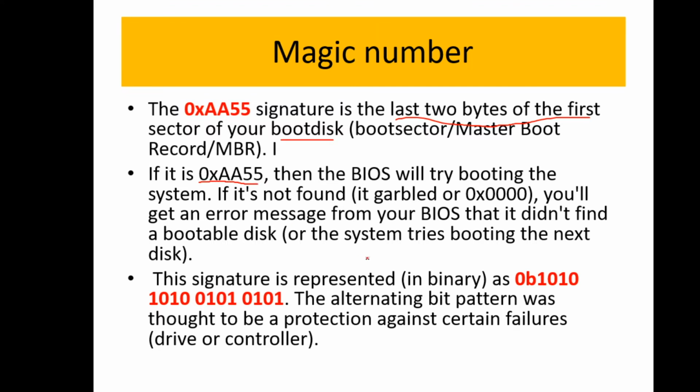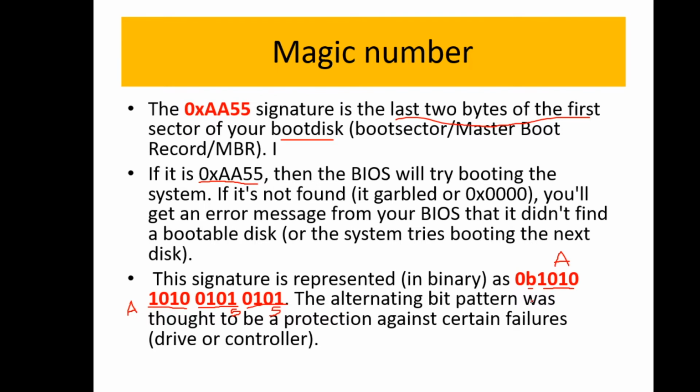This signature is represented like this. When we decode the signature, it looks like 0b. B is a binary number, and we have 1010, which is the part A, and again 1010 is the part A. Then we have 0101, which is the indication of 5 in hexadecimal, and 0101 is again hexadecimal 5.